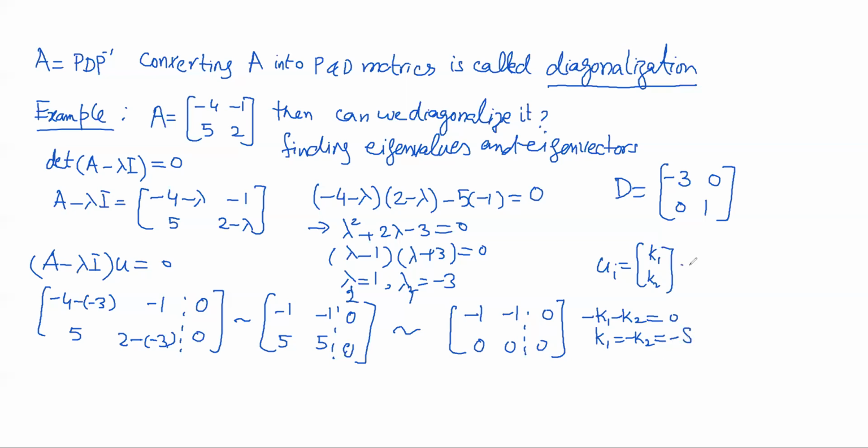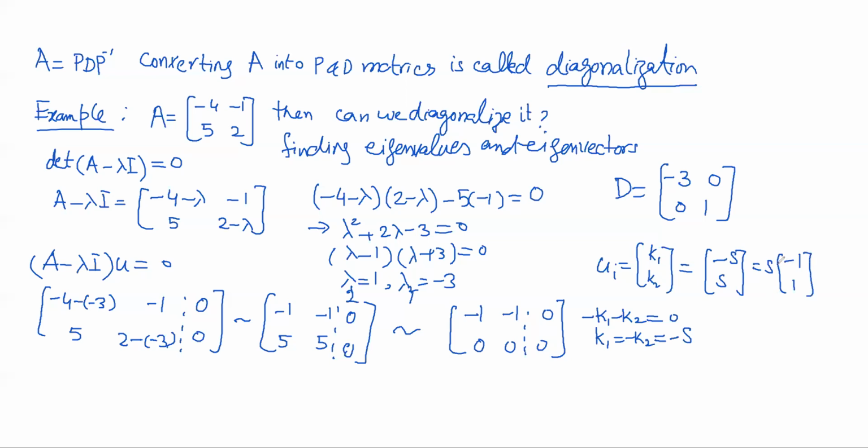So in any case, you will get the eigenvector in terms of s, where k1 will be minus s and k2 will be s. If you take s as common outside, we get minus 1 and 1.